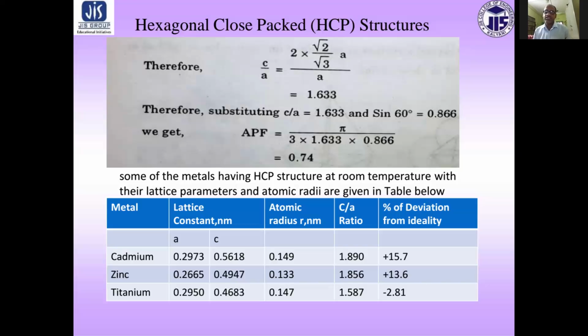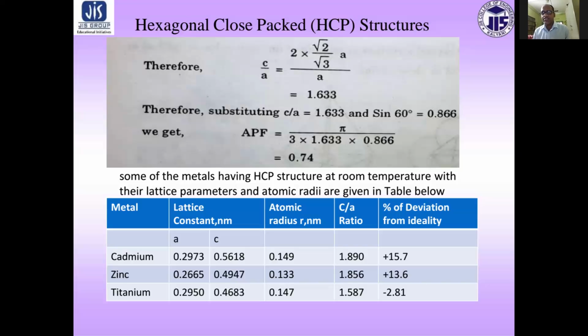The lattice constants A and C for titanium are correspondingly 0.2950 and 0.4683. The atomic radius is 0.147 nanometer. The C by A ratio is 1.587.